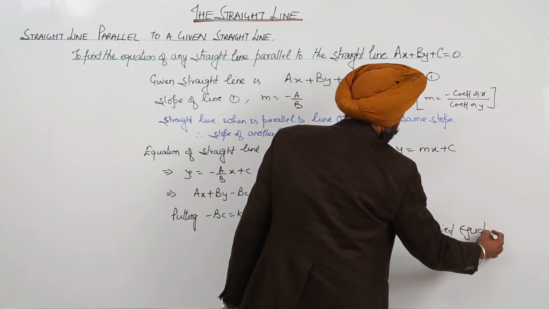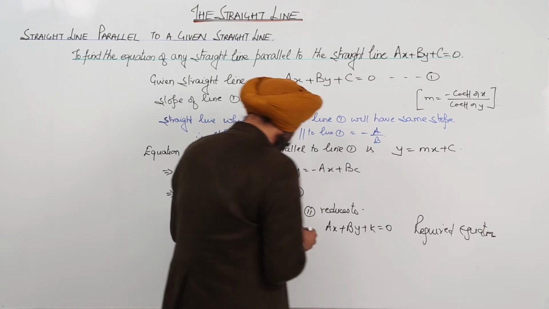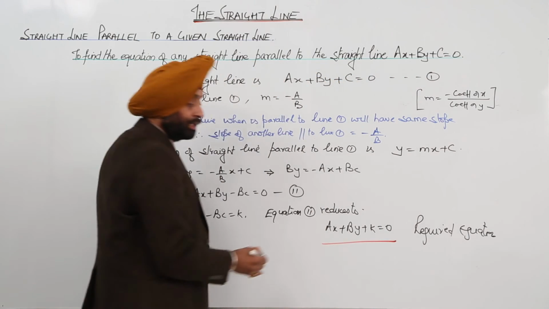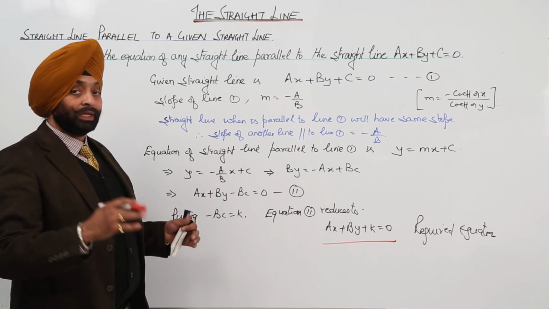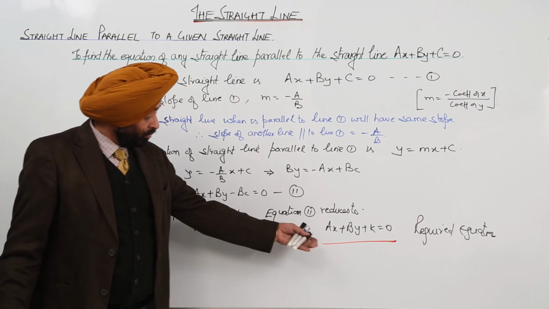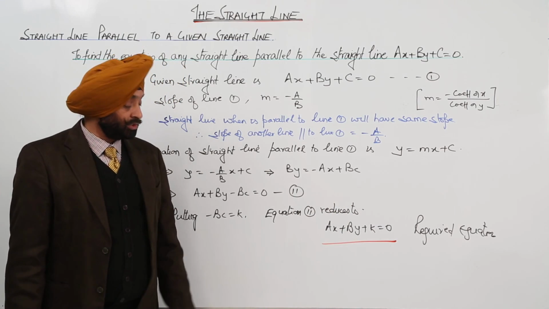So whenever we have any equation and we have to find another equation parallel to it, only the constant will be different, and the remaining things will be the same. So we are having ax plus by plus k is equal to 0.